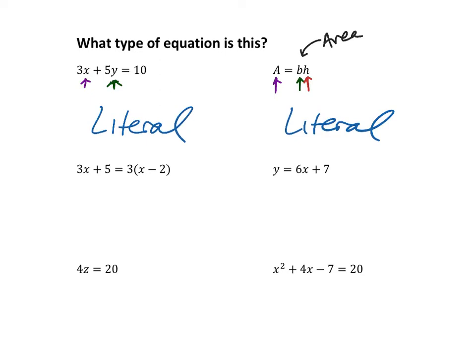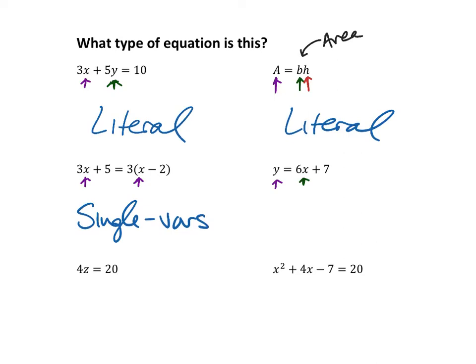But if we look at the third one, there is only x's happening here. That makes this a single variable. I'm going to shorten that to single vars for single variables. That is a single variable equation. That's what we had been working with before today's class. The fourth one, you have y's and x's.